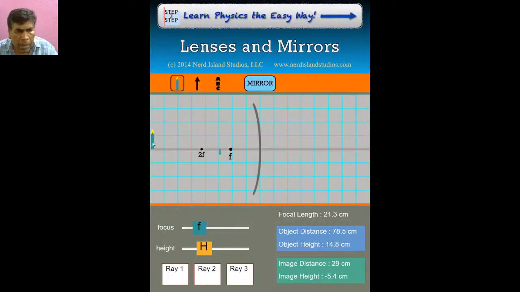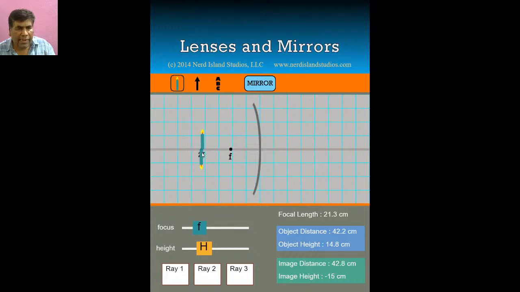If I bring it closer, what is happening to the image? You can observe there, if I bring it closer, the image size is becoming bigger. If I bring it exactly to the center of curvature, C, what happens? At the center of curvature, both the images look the same size.